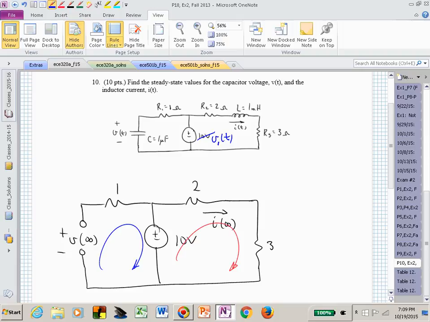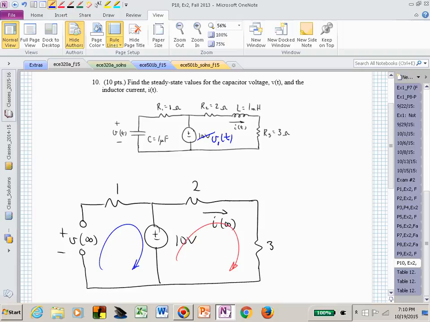You would do a node voltage. How big of a differential equation are you expecting? What's the order? Second order, aren't you? So now if you just did a KCL at that top node, are you done? Possibly not.